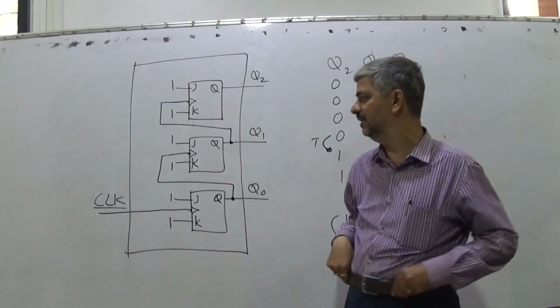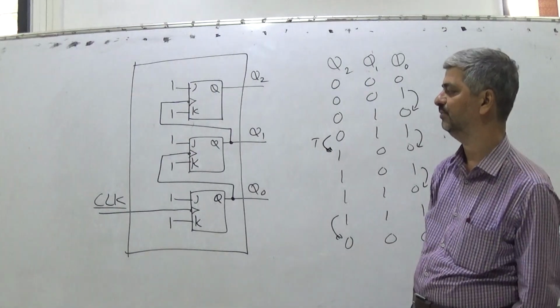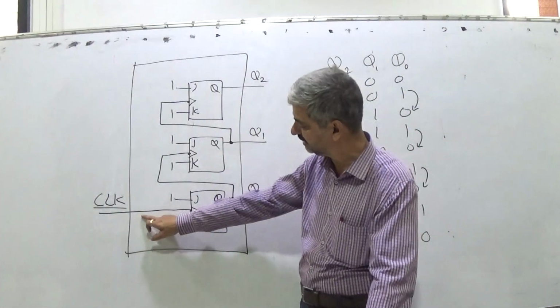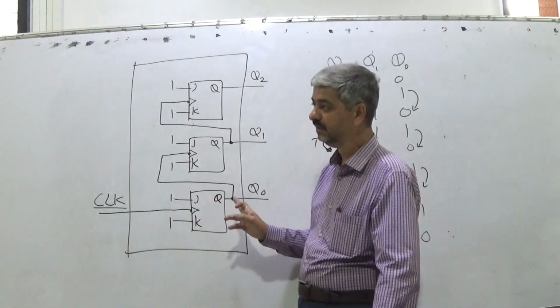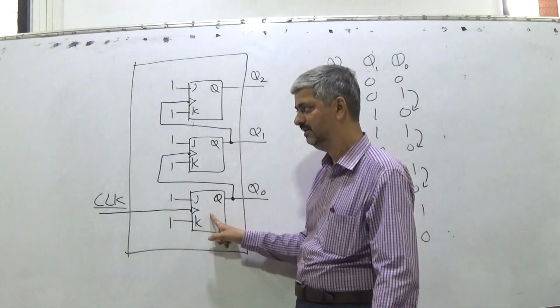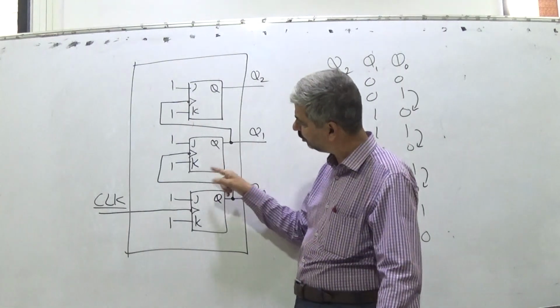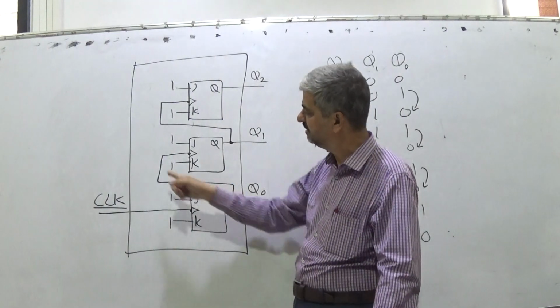So in asynchronous counters, the clock is connected to only one flip-flop, the least significant bit flip-flop, and the clocks to the other flip-flops are taken from the previous output.